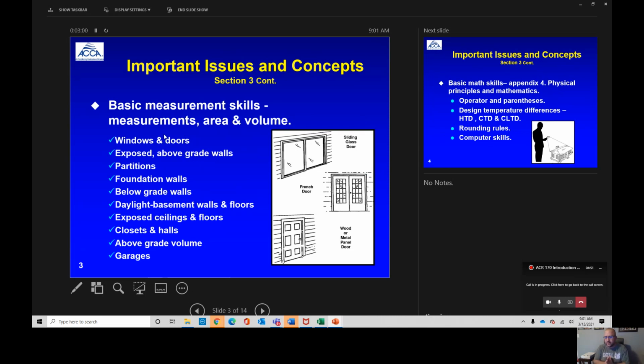All right, we're going to have to measure area and volume. So you're going to have to use a little bit of math. You're going to have to know how to calculate the area of a window, a door, a wall, a roof, and the volume of a home. Area is length times width. Volume is length times width times height.